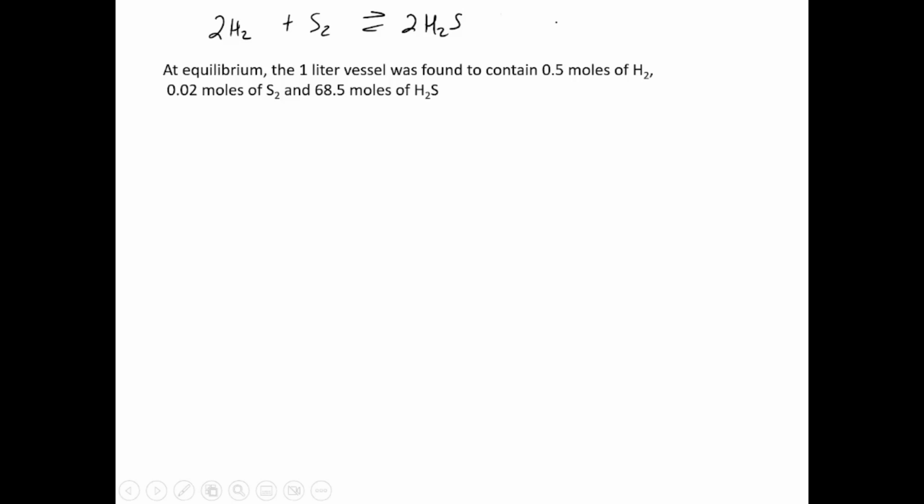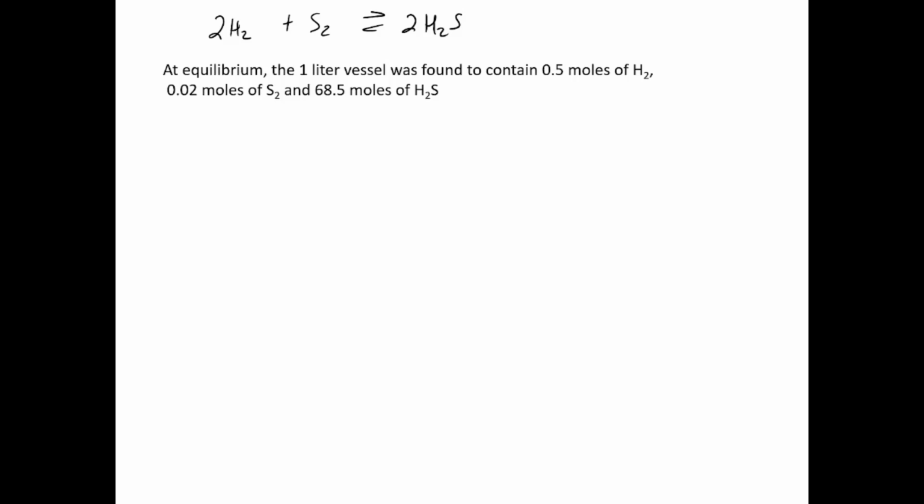And it is an equilibrium reaction, and then the information that they gave us in this problem is that at equilibrium, the 1 liter vessel was found to contain 0.5 moles of H2, 0.02 moles of S2, and 68.5 moles of H2S.